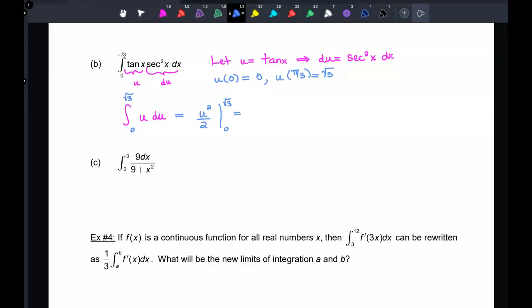No plus c because we have limits of integration. U to the first power, so add 1, divide by that new. I didn't plug in 0. If I plug in 0, I just get 0.